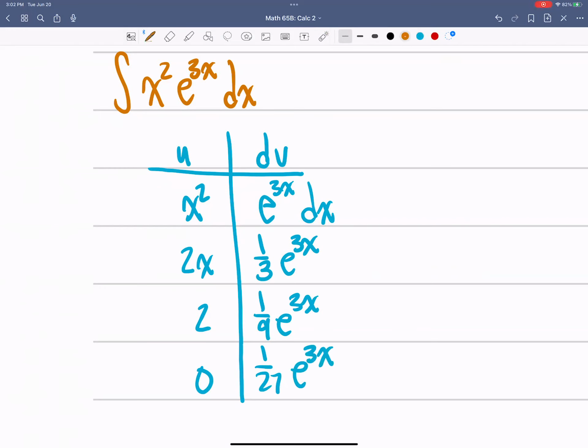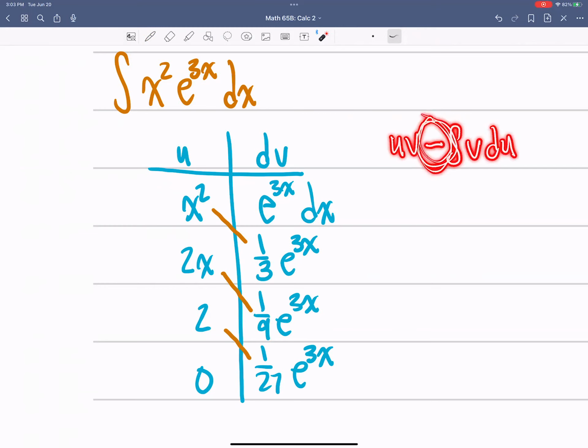From here, we go diagonal, starting off with this times this, times this, times this. Because integration by parts ends with uv minus the integral of v du, we multiply in an alternating fashion: positive, negative, positive. So this one's going to be plus, minus, and plus.